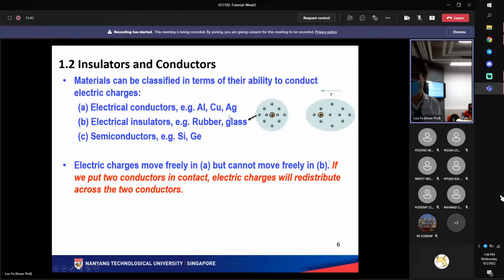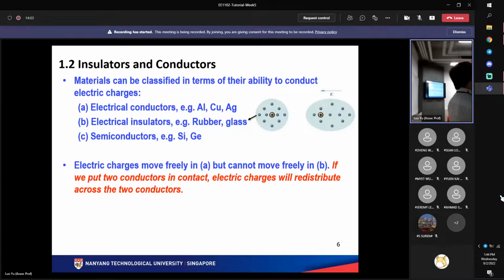This is how we classify the materials. And then the last property we have to understand is that if we put two conductors in contact, the electric charge will be redistributed across the two conductors, because the charged electrons can freely move across the conductors.